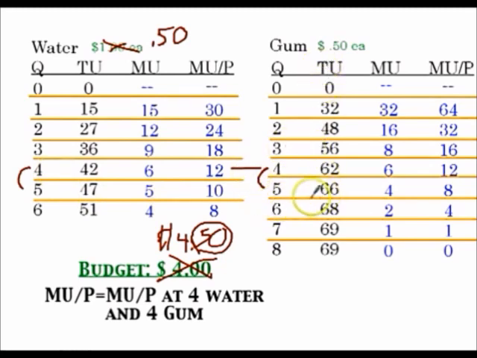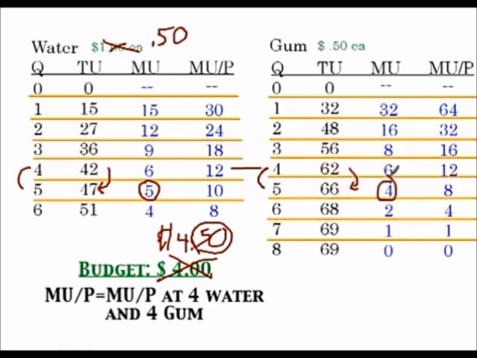If I get the 5th water, I'm going to gain an extra 5 utils. That's the marginal utility going from 4 to 5. If I buy an extra gum, which would be 5, I gain an additional 4 utils.